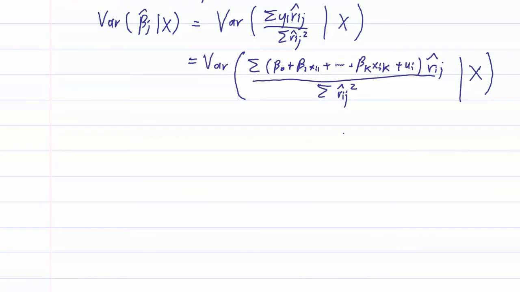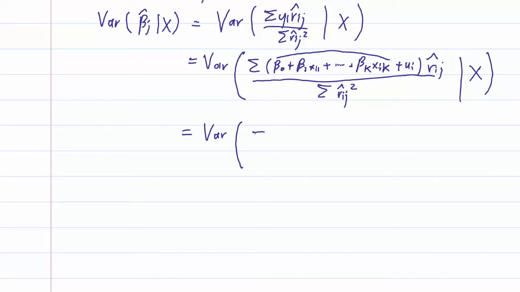So here I'm going to distribute the residual rij hat, but only on two parts. I'm going to have this first part here, which I'll keep between brackets, and I'll separate the ui. So it's going to look like this.